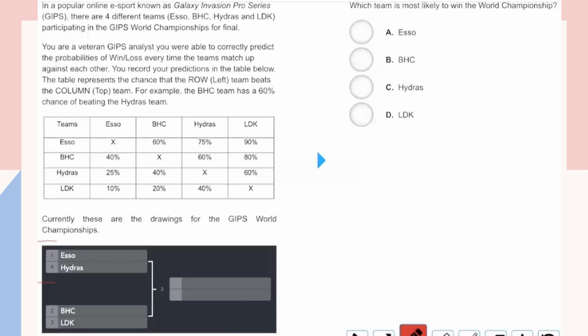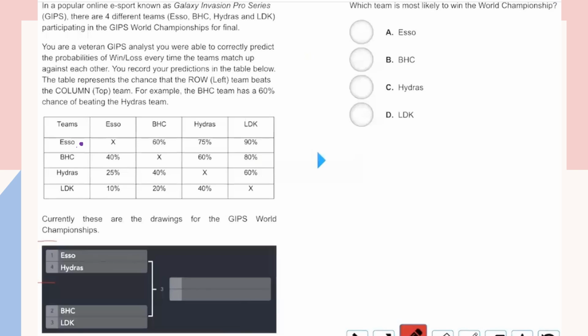Which team is most likely to win the World Championship? So how do we analyze this diagram? BHC has a 60% chance of beating the Hydras team. So if you want to see how much it's beating in favor of BHC, we have to see by this. From SO we have to see in this diagram.